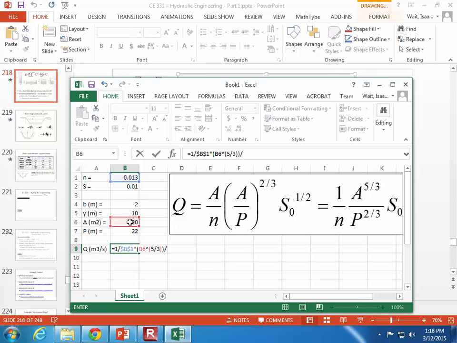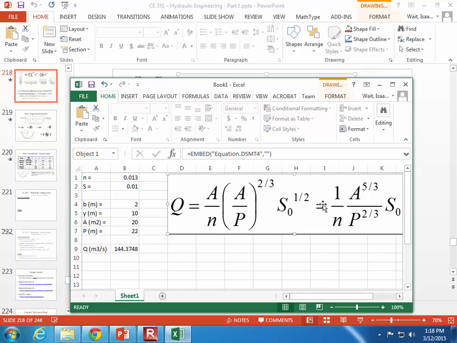Divided by the wetted perimeter to the power of 2/3. And then times the slope. I'm going to anchor that as well because I don't want it to move around as I try different combinations. Something's not right here. Let's see. Oh, slope. That's right. Thank you. To the 0.5 power. There we go. Thanks for catching that.